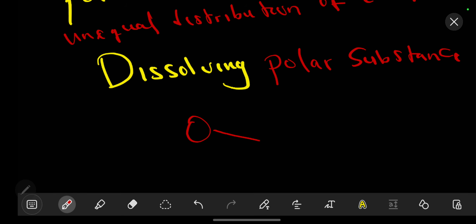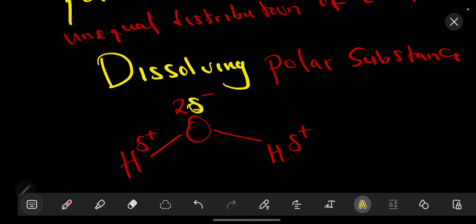So if we have oxygen there with a partial negative, hydrogen there with a partial positive, and hydrogen there with a partial positive. So now what this means is that for polar substances, they also have this type of structure.